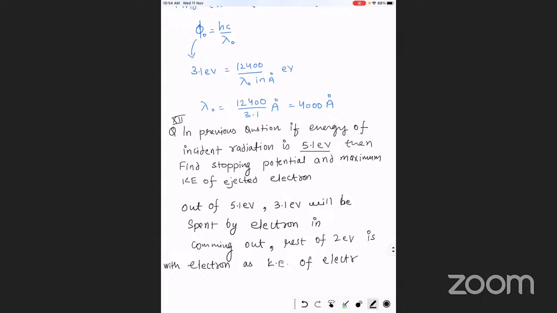Understood, bacho? So the electron has how much kinetic energy? 2 electron volt.